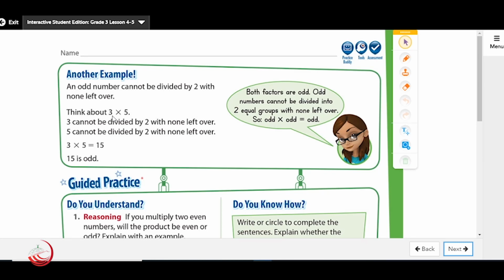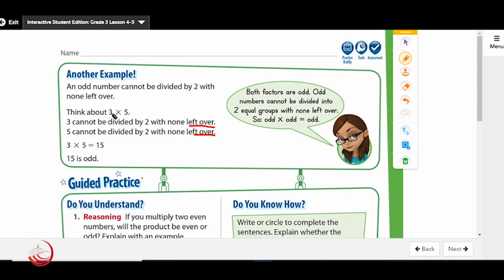Is it equal to 3? No, it is equal to 4. And then what about 5? Is 5 a multiple of 2? If I take 5, can it be divided by 2 or not? It cannot. I will always get a leftover.